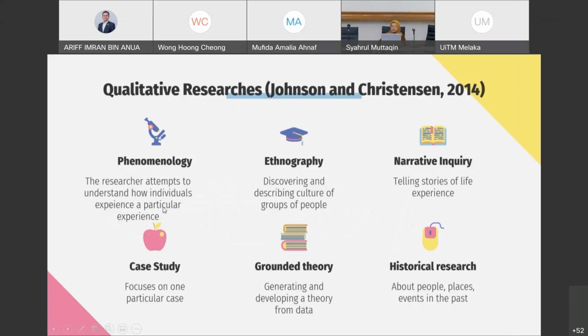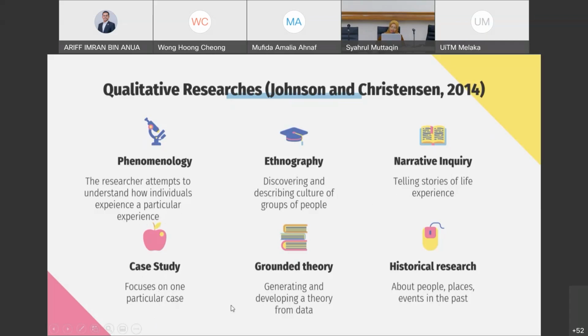For phenomenology, the researcher attempts to understand how individuals experience a particular experience. And then for ethnography, it will discover and describe culture of groups of people. And then for narrative inquiry, it will tell stories of life experience. And then case study will focus on one particular case.